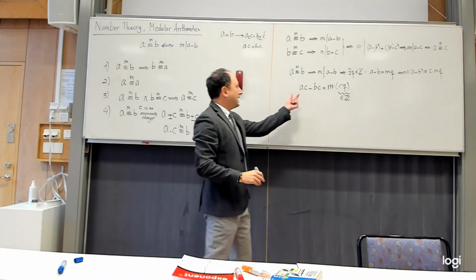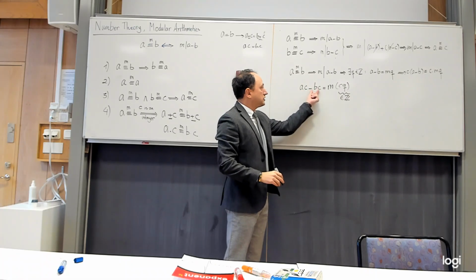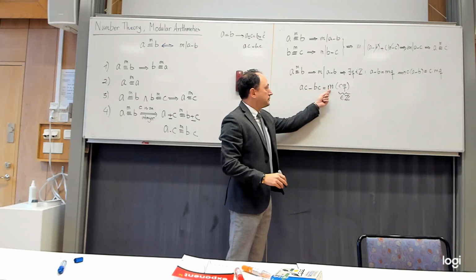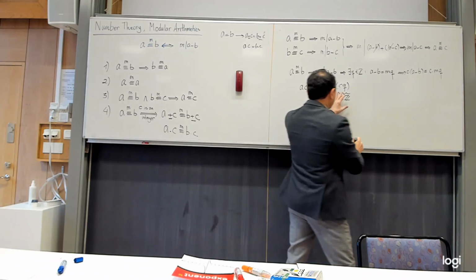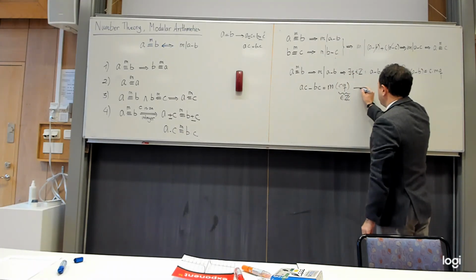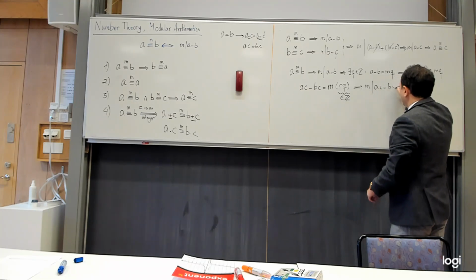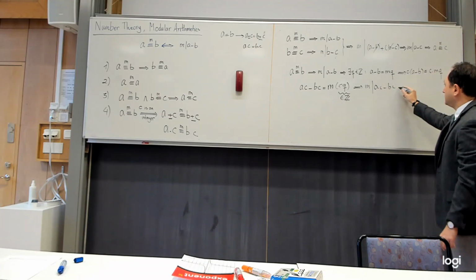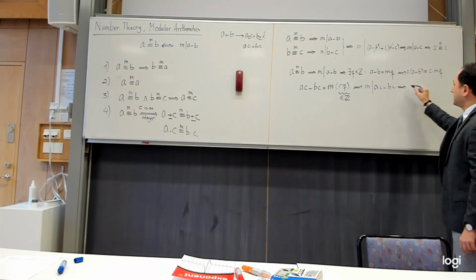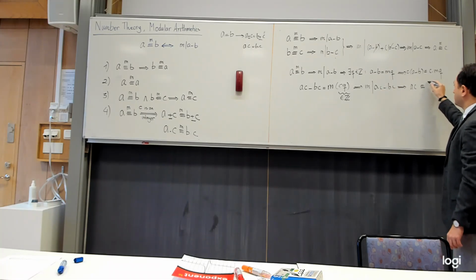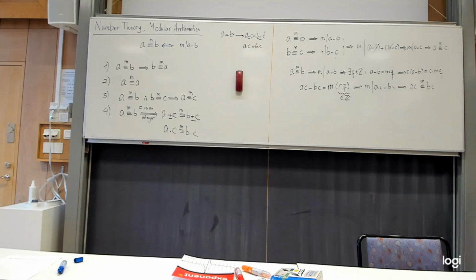So then I have the difference of two numbers is equal to M times Q, capital Q, for example. So this means that M divides AC minus BC. But if I ask you to write this in this new language, you would write AC is congruent to BC modulo M. Yes?